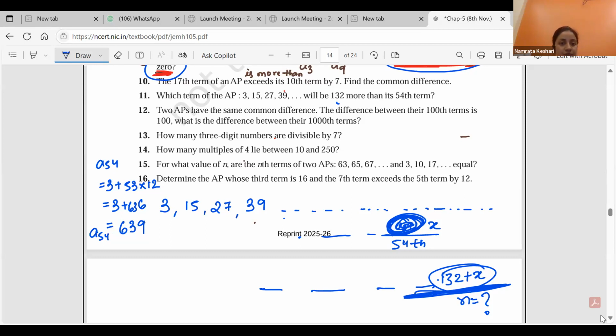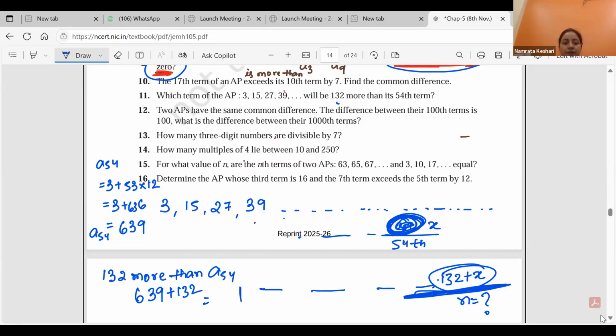आ रहा है समझ में? Yes, ma'am. अब हमें ये बताना है कि 132 more than 54th term, that means 639 plus 132.